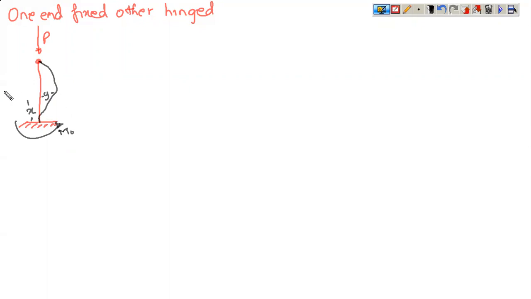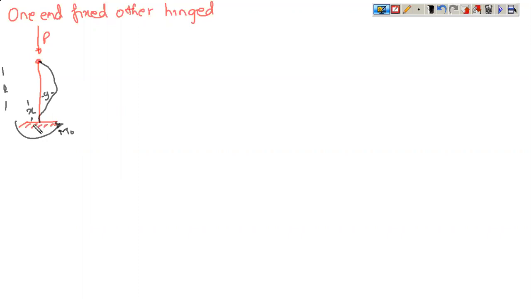Okay, and L is the length of the column. Now the problem here is you have an m naught acting here. So if you have an m naught acting here, this is the effect. What is the cause? You actually do not have a cause behind it. And as I have already told you, without a cause and effect, it does not come under an equation which can be used.